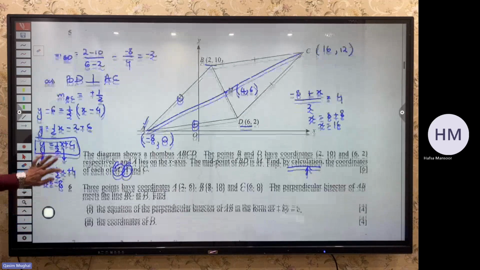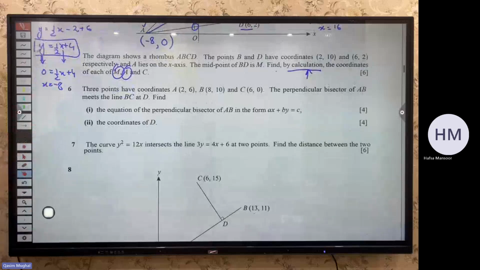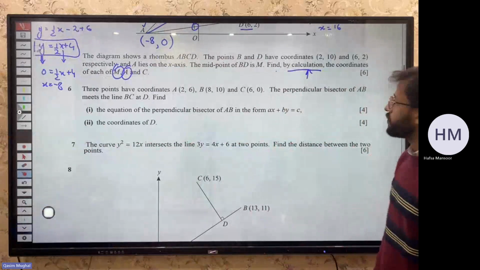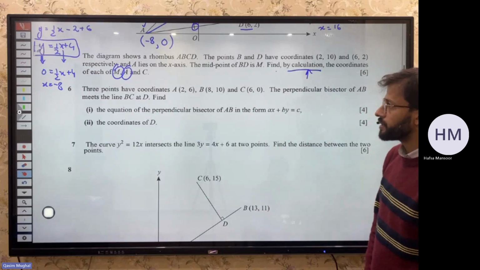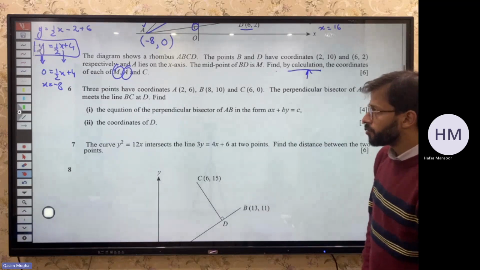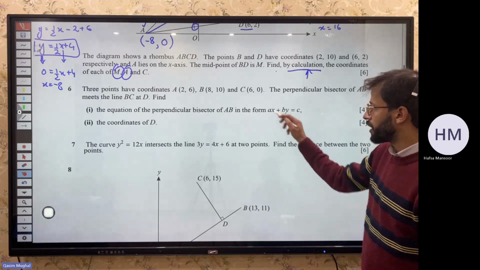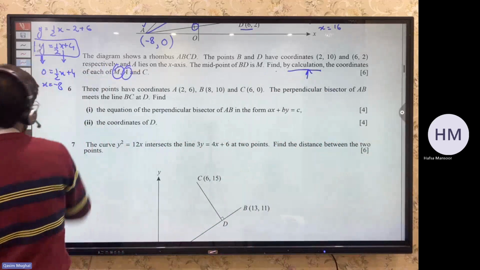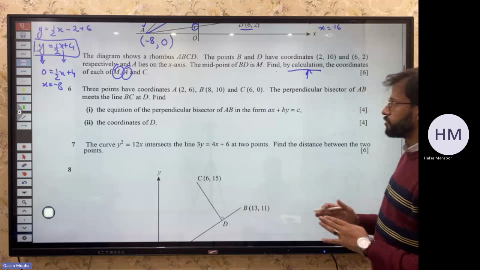This was question number 5. Question number 6. Three points have the coordinates A, B, and C. The perpendicular bisector of AB meets the line BC at D. The equation of the perpendicular bisector of AB is, okay, this is the format they gave. Let's do this question. There is no diagram and the question is not immediately clear on reading, so let's take it slowly.